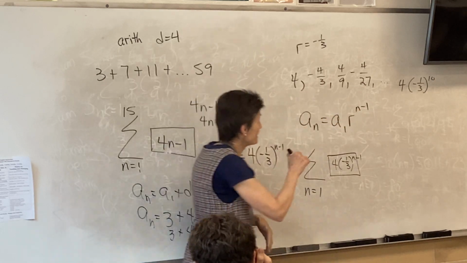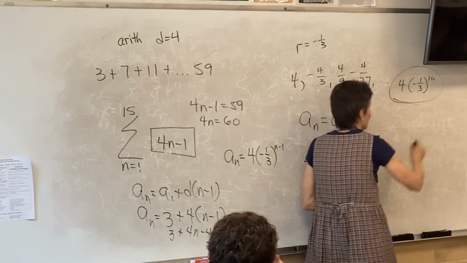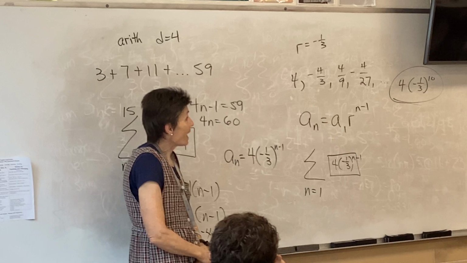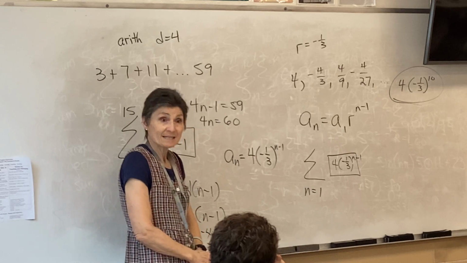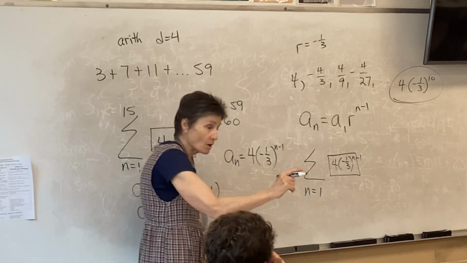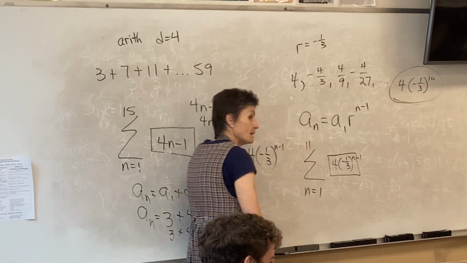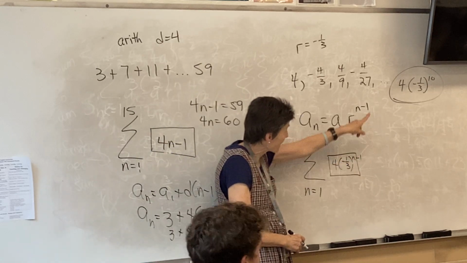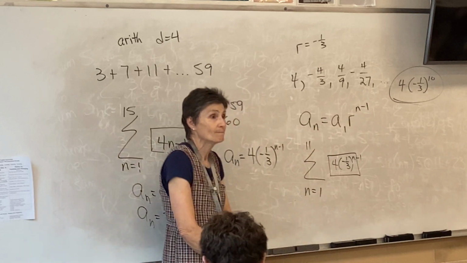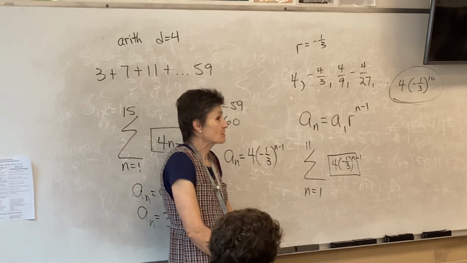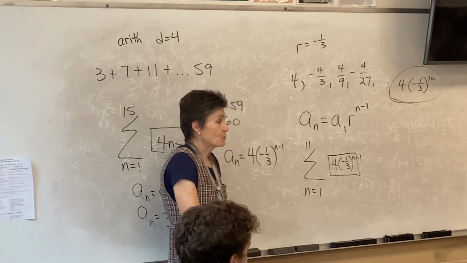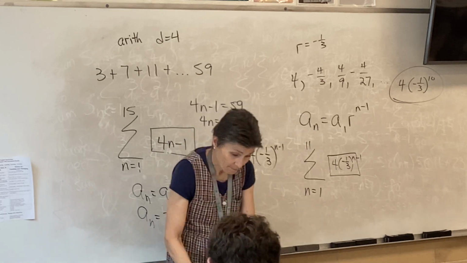This is where we want to stop: with the exponent being 10. So on top is going to be 11, because if you put 11 into your formula, wouldn't that give you the last term? That's all there is to it. It's so easy to use sigmas, write sigmas, and everything else.